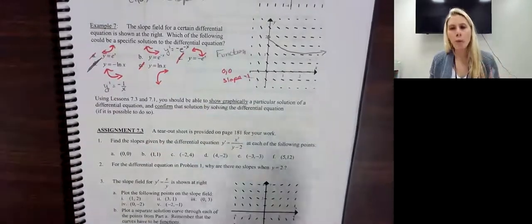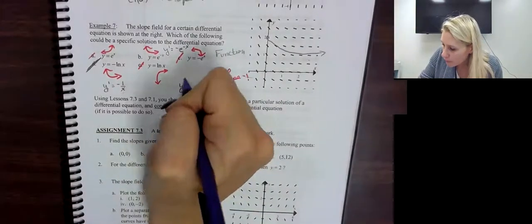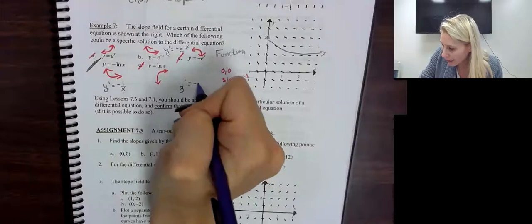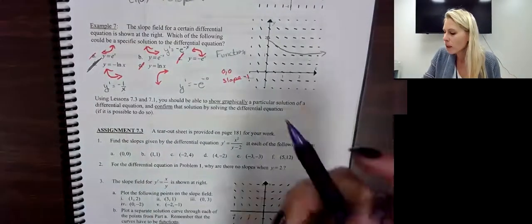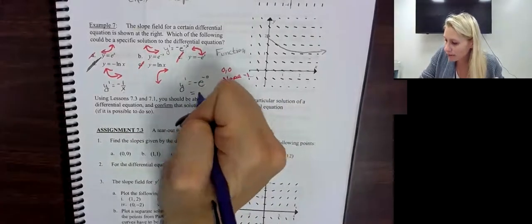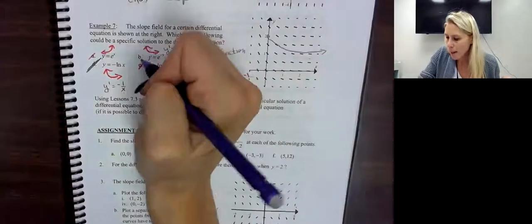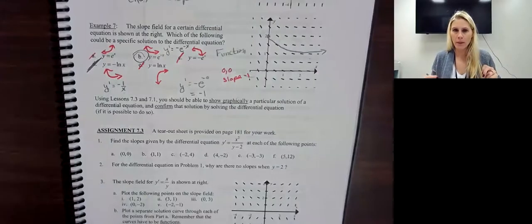Of course, we're left with B, but I want to prove it to you. So y prime equals -e to the -0. Well, -0, e to the 0 is 1. So what do you know? That gives us -1. B is our answer. Again, I had to prove my final answer with 2 ideas from it.